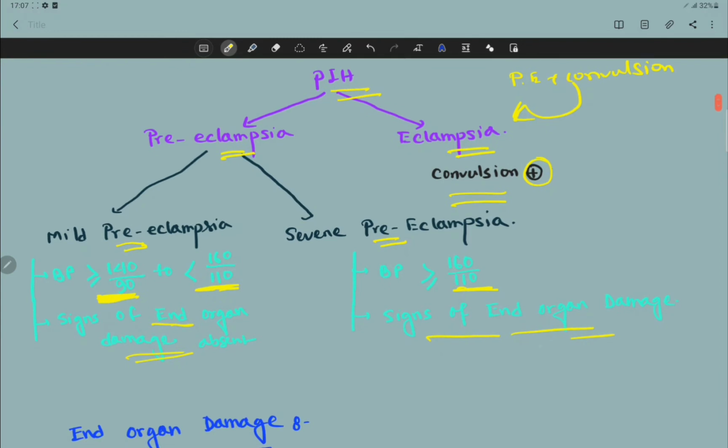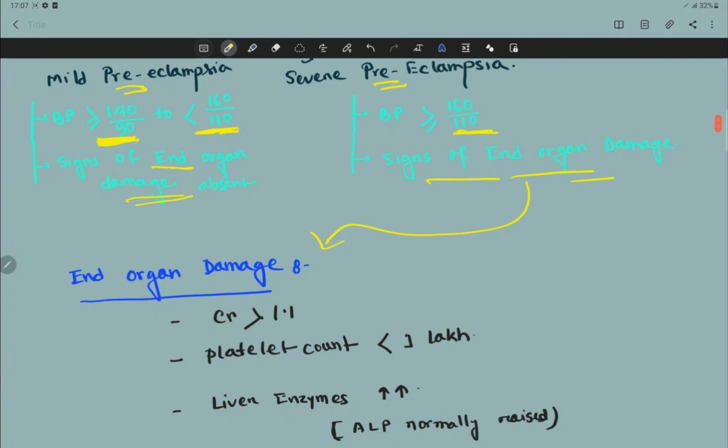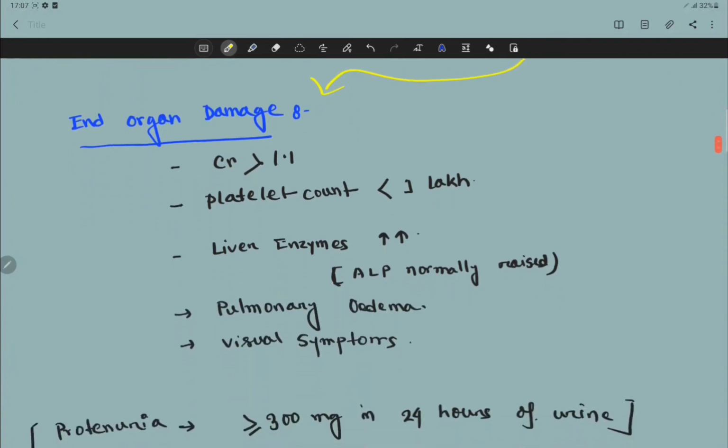So what are the signs of end organ damage? Number 1, creatinine. There are various types of end organs: brain, kidney, heart.